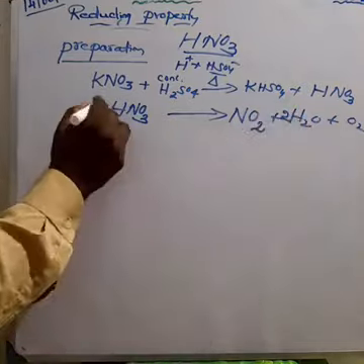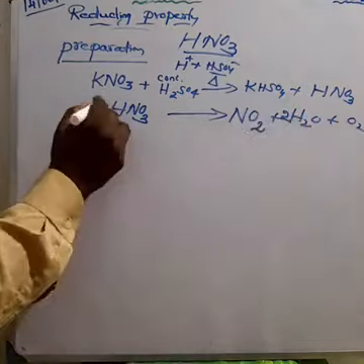First step is that ammonia is converted into nitric oxide. Second step, nitric oxide is oxidized to nitrogen dioxide. The nitrogen dioxide undergoes hydrolysis, that means it reacts with water, and we get nitric acid.